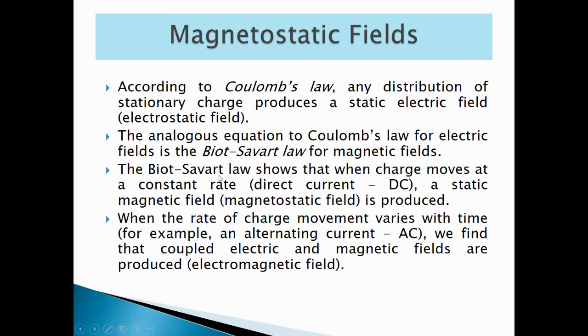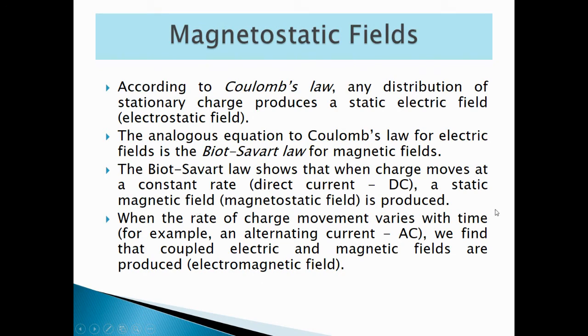Later on we will learn how it works. And the third one is the electromagnetic field: when a charge moves from positive to negative and negative to positive and so forth, it changes its direction, and it produces the electromagnetic field. But our discussion is not this one today.